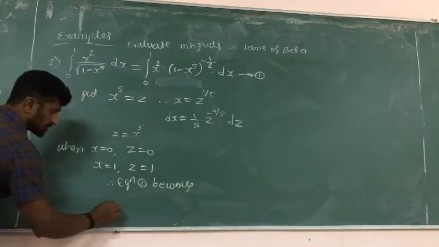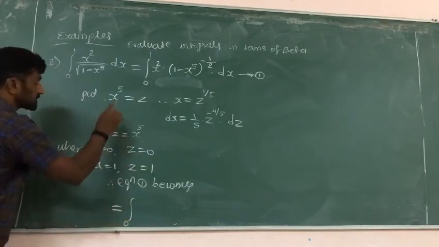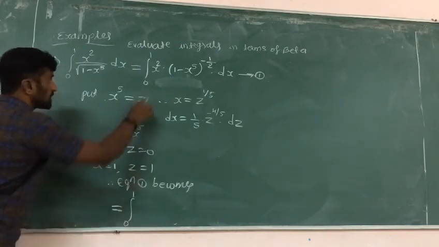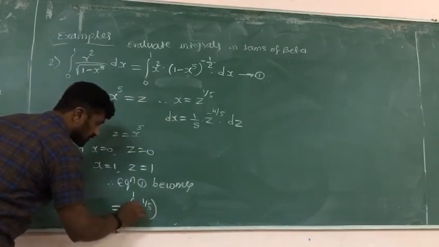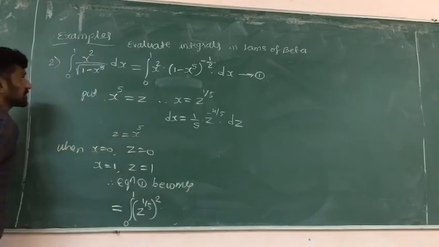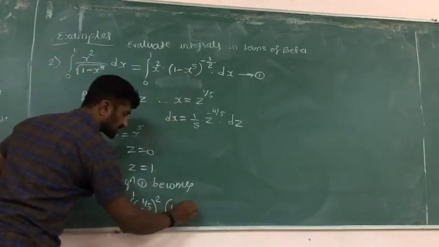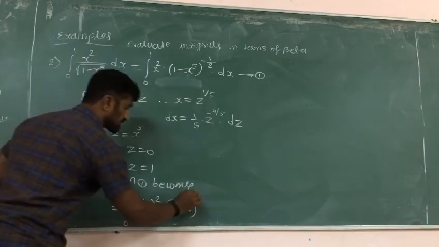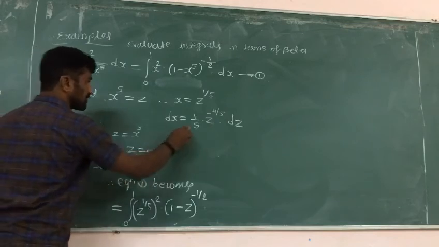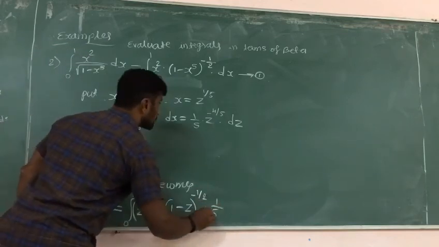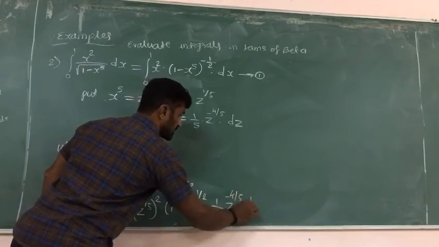that equal to integration, x equal to 0 gives z equal to 0, x equal to 1 gives z equal to 1, of x, which is z raised to 1 by 5, whole raised to 2, x square, into 1 minus x raised to 5 in terms of z raised to minus 1 by 2, into dx whose value is 1 by 5 into z raised to minus 4 by 5 into dz.